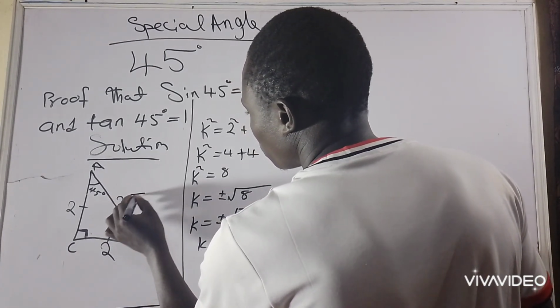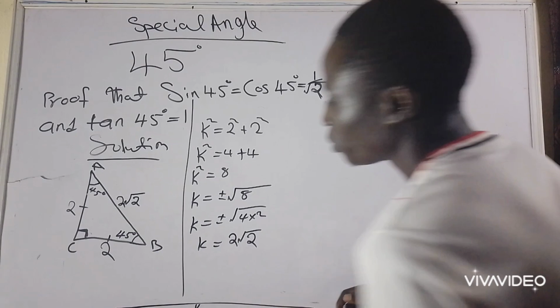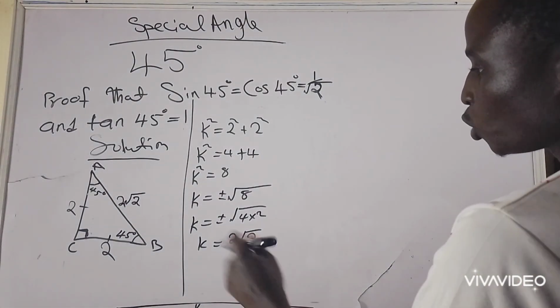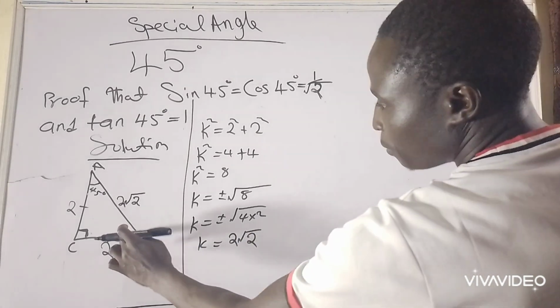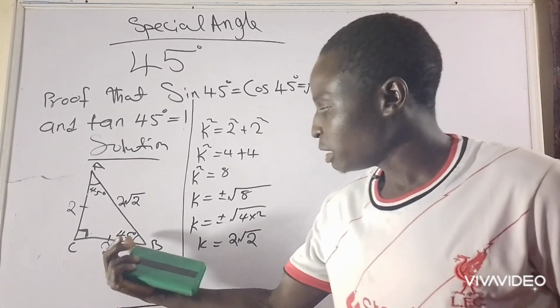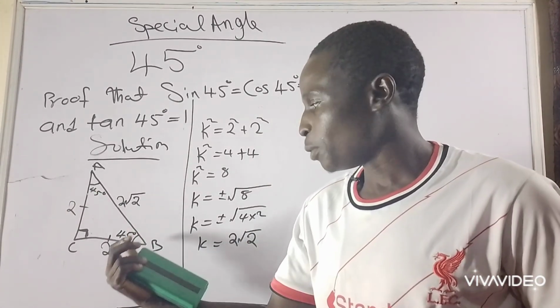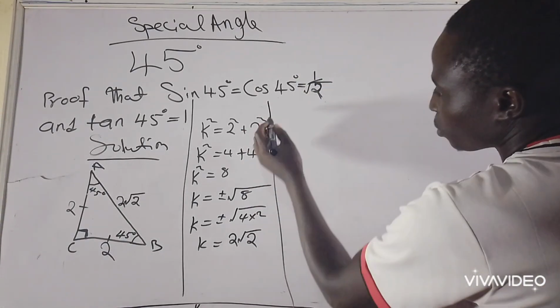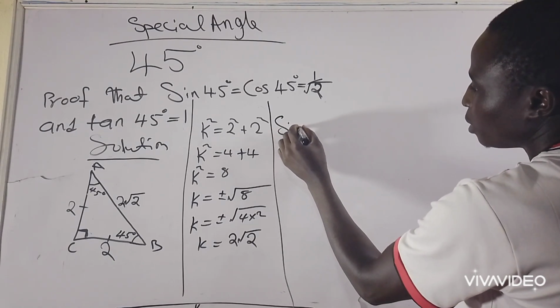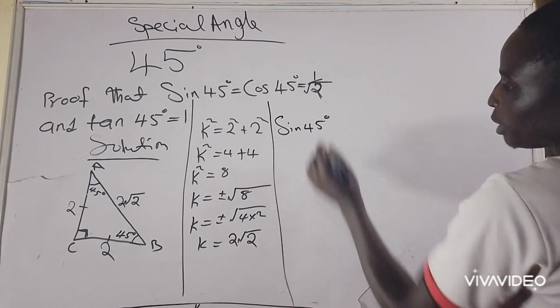Since it is 2 root 2, let's find sine 45. You may consider this angle or this one, they are all the same, all 45 degrees.